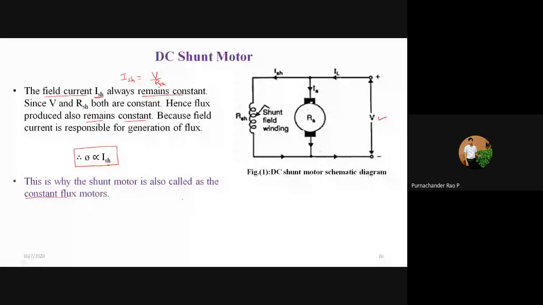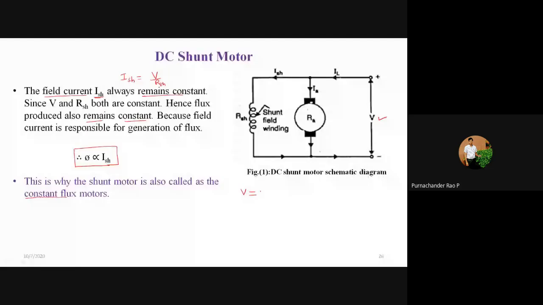Okay, and what are the voltage and current relationships for this DC motor? The terminal voltage, which we are giving as V, is equal to... Whenever the armature is carrying a current and your shunt field winding is also carrying current, then an EMF is induced because the armature is rotating in the magnetic field.